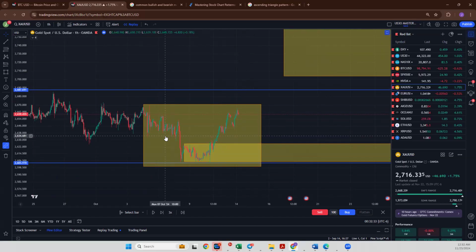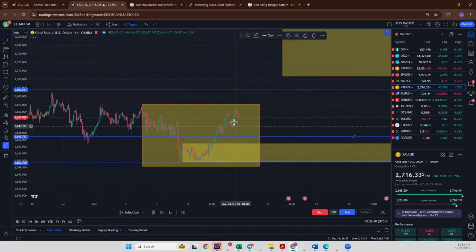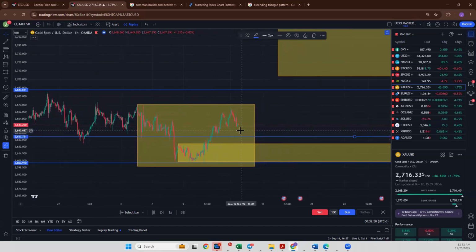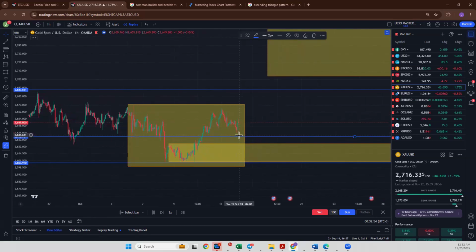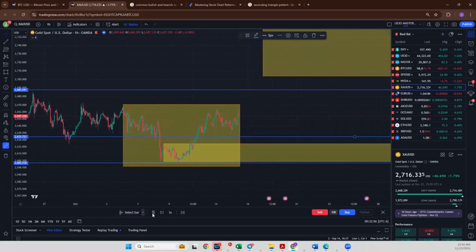I'll mark this level here as my support level. It looks to me like we formed a head, we get the break, we got a retest, comes back and gets close. That's a Head and Shoulders pattern.